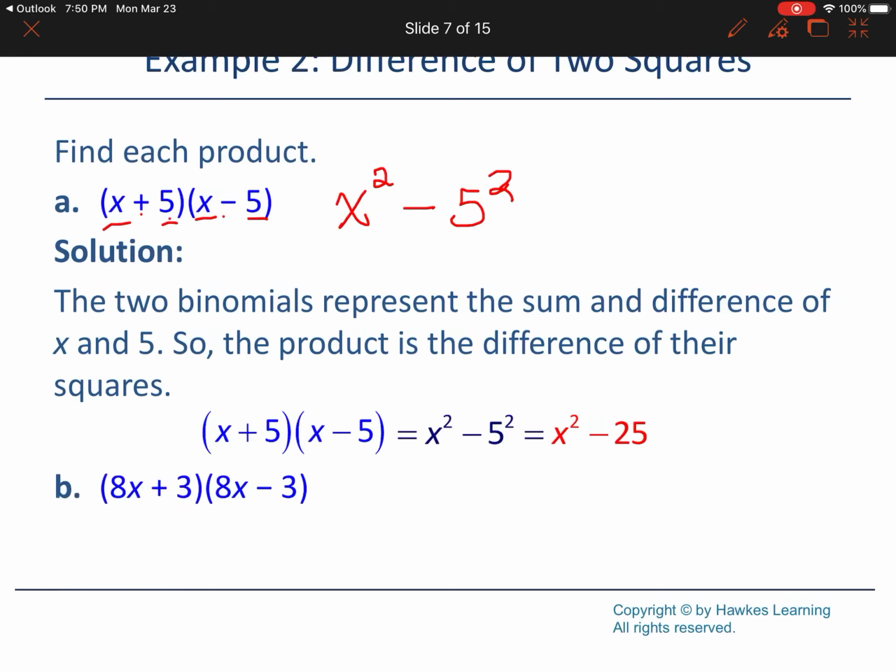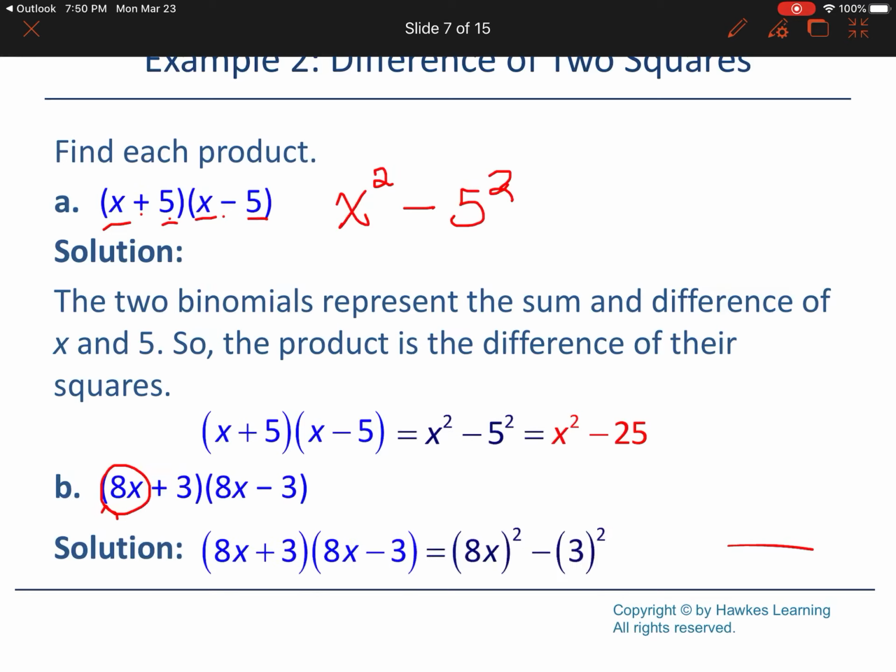Okay, so here's one for you to try. So pause the video and go try it. Remembering that the first term here is 8x. So you're going to want to do 8x all squared, right? 8x squared is going to be your first part. So pause the video now and go see if you can do it. Okay, hopefully you were able to figure it out when we do this one.